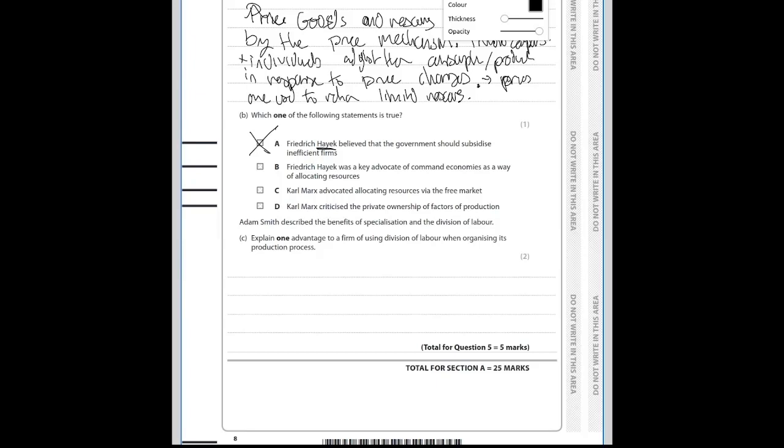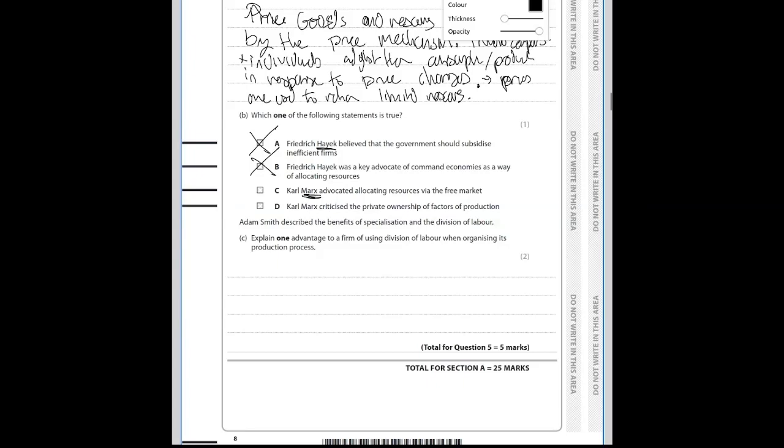B says Friedrich Hayek was a key advocate of command economies as a way of allocating resources. For a very similar reason, B is not correct, right? Again, he's a laissez-faire economist, very much a proponent of the free market. C says Karl Marx advocated allocating resources via the free market. No, this is the Marx from Marxism, right?